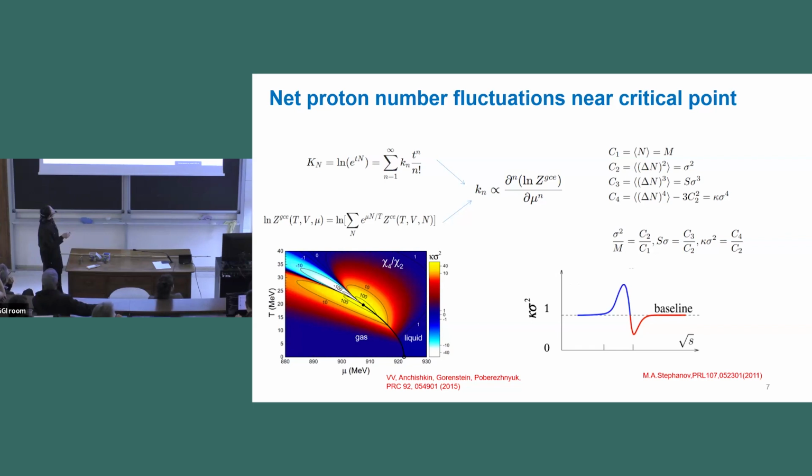This kappa, C4, is basically this one. This is the thermodynamic potential, the derivative of the pressure with respect to mu, partial mu. Exactly.